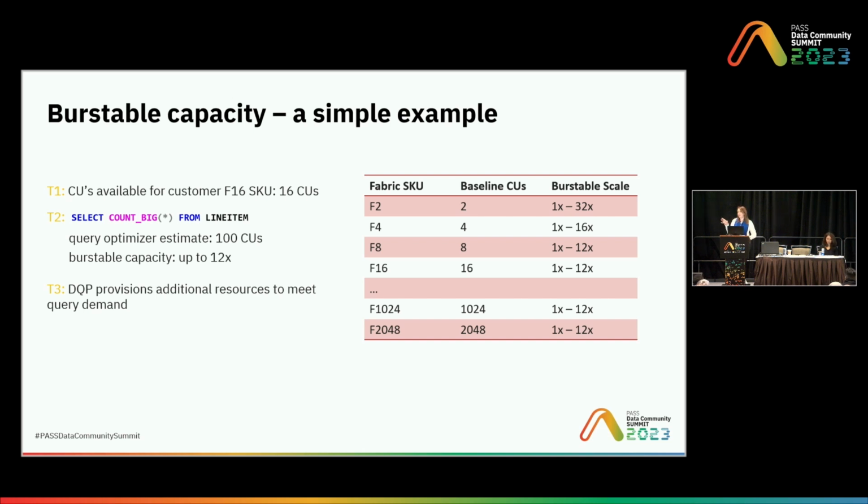Take, for example, an F16 SKU, where I have a baseline capacity of 16 compute units. Say you have a query running that demands 100 compute units, which is more than you technically have in your Fabric SKU. We will give you that additional compute power that you need to process your query as quickly as possible.